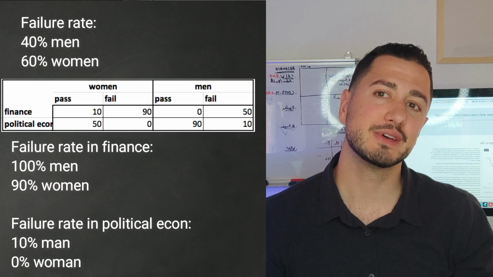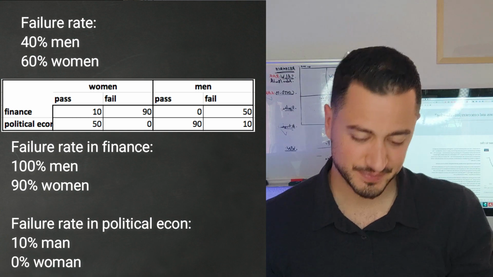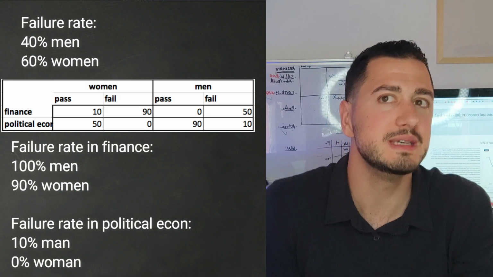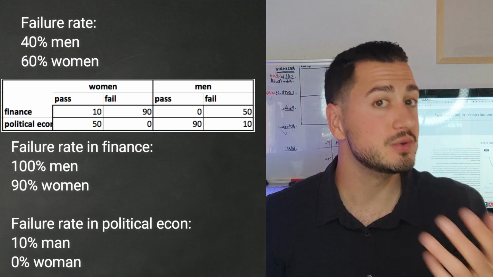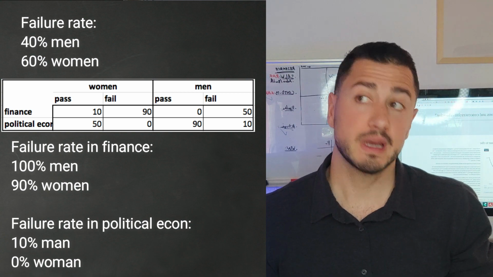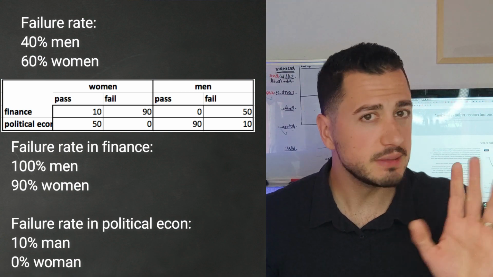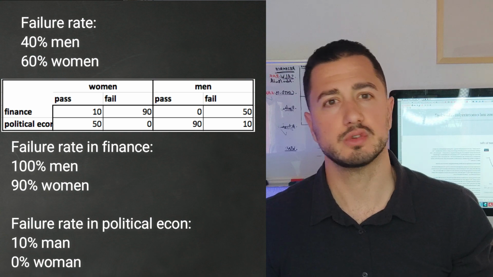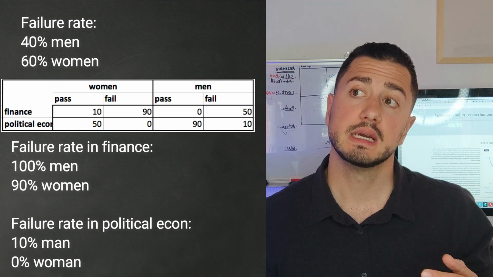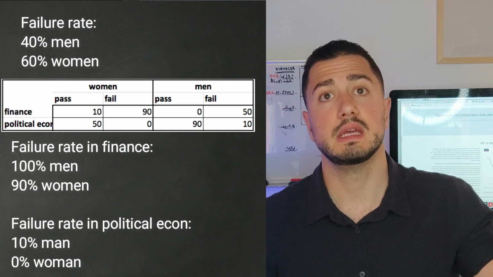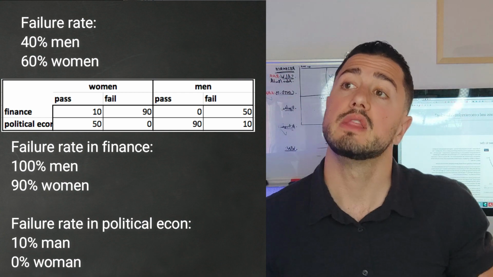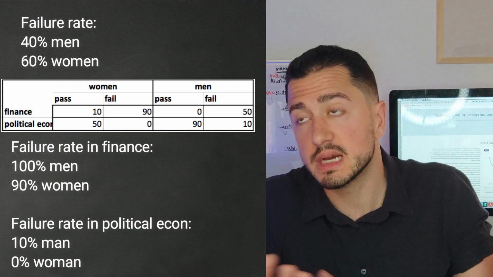And this is what we call the Simpson paradox. A fascinating example, an extreme example of how the mean might be hiding something, or can be used to hide something, or just sometimes we don't realize it. You can look at the numbers and try to understand better, just pause the video. Very simply, what happens is that you have more women trying in finance, let's say, and the failure rate in finance is higher than the failure rate in political economy.